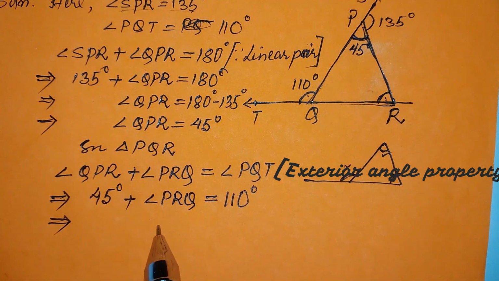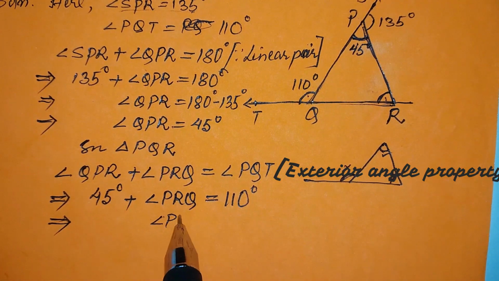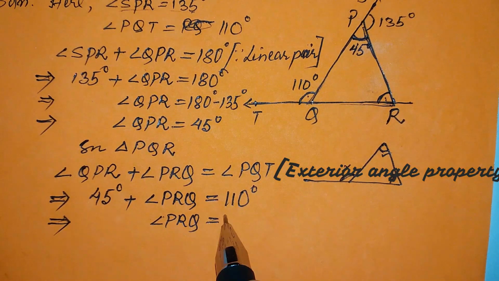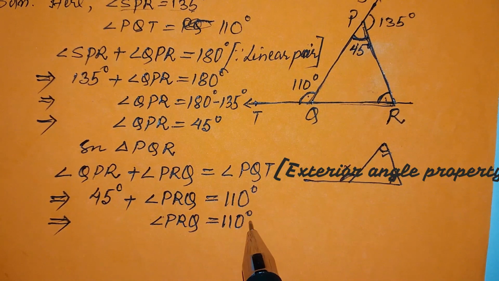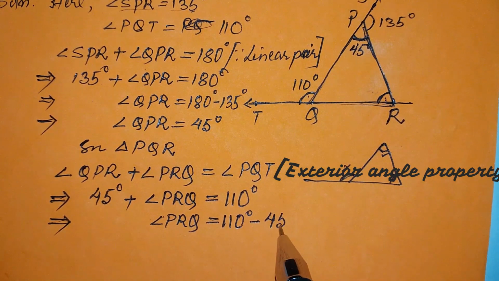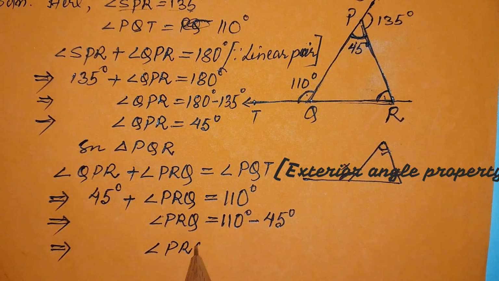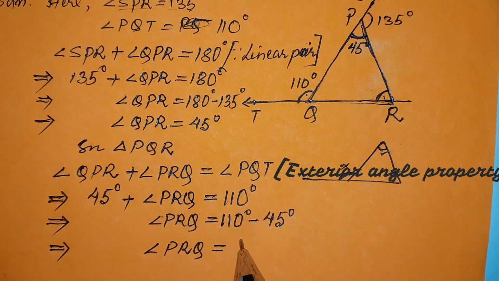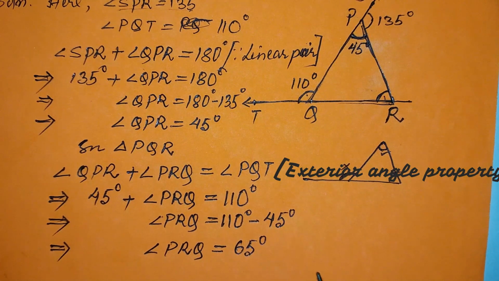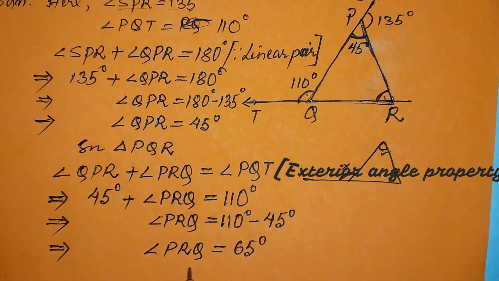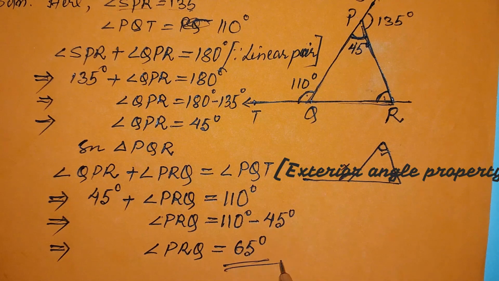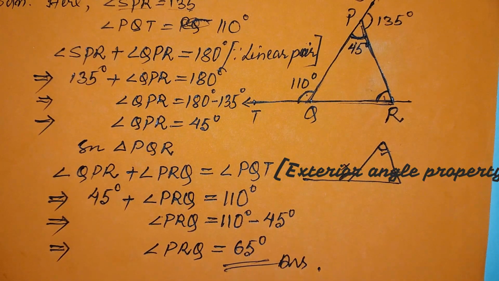Now transposing 45 to the right hand side, PRQ is equal to 110 degrees minus 45 degrees. So angle PRQ is equal to 65 degrees. This is what we were asked to find out, so this is the answer.